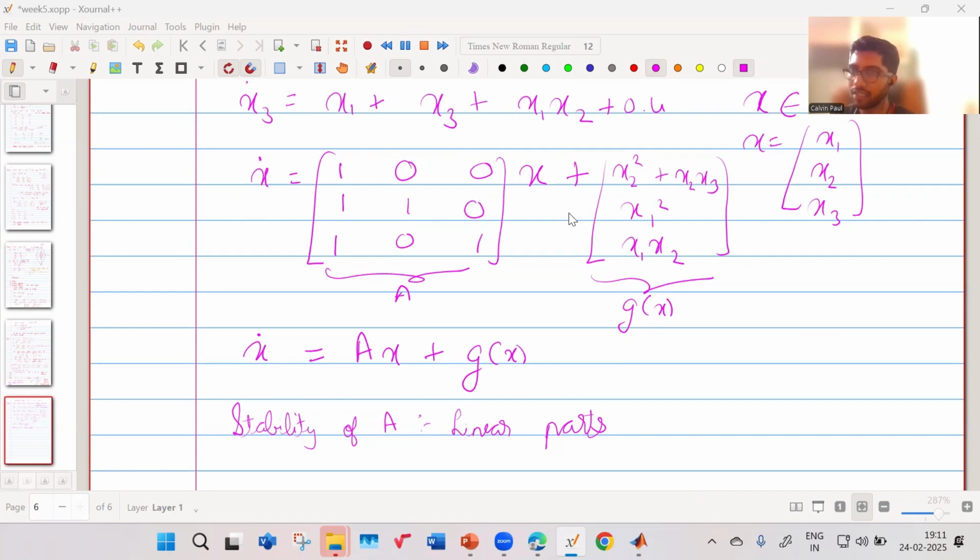This is like a small test. If you are concerned about the stability around a small neighborhood around your equilibrium or operating point, you can linearize it and check the stability of the linear part. That will tell whether it is stable or not.